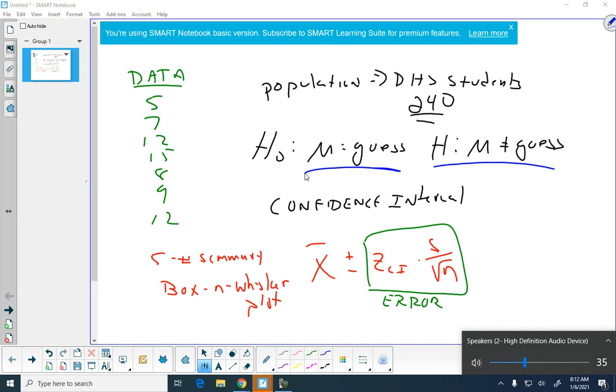But if you fail to reject the null hypothesis, then you had a pretty good guess. So don't feel that you have to look at your data, see that the hypothesis test gives a bad value, and change your guess to make it look better. No, you don't need to make it look better.